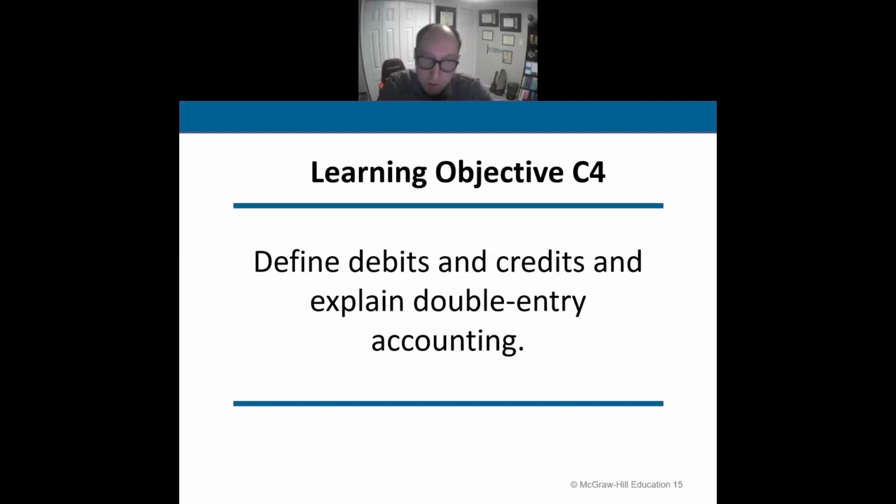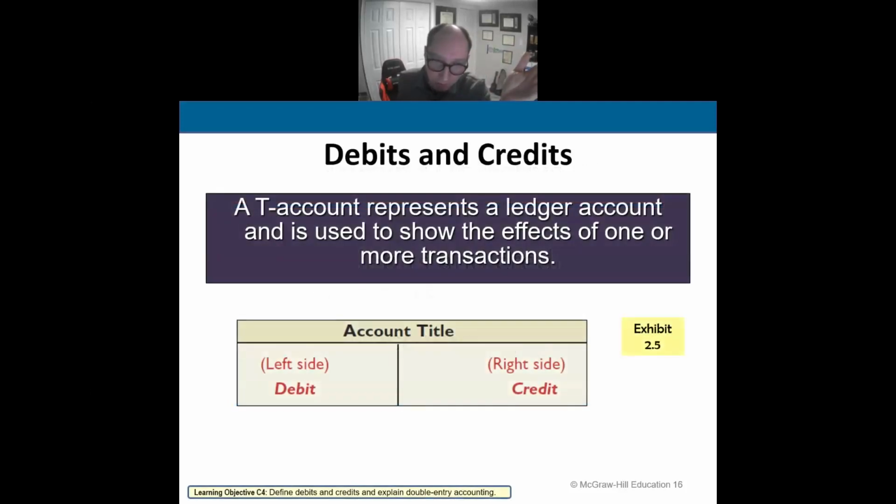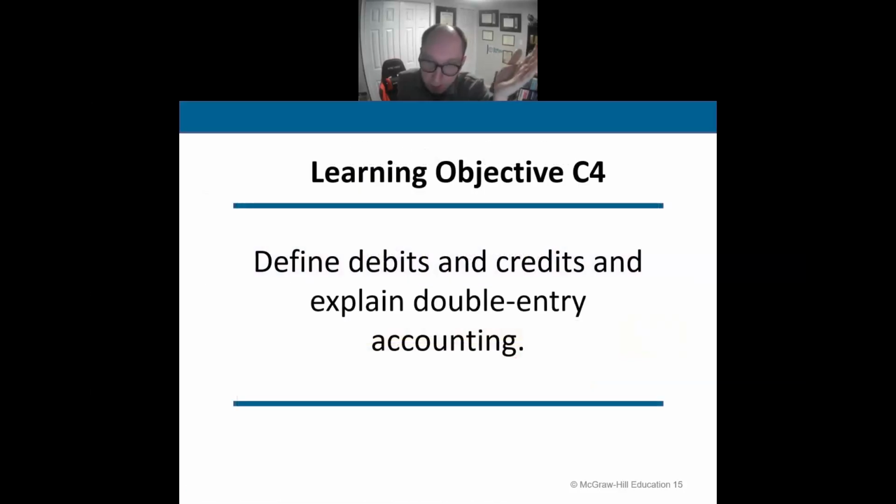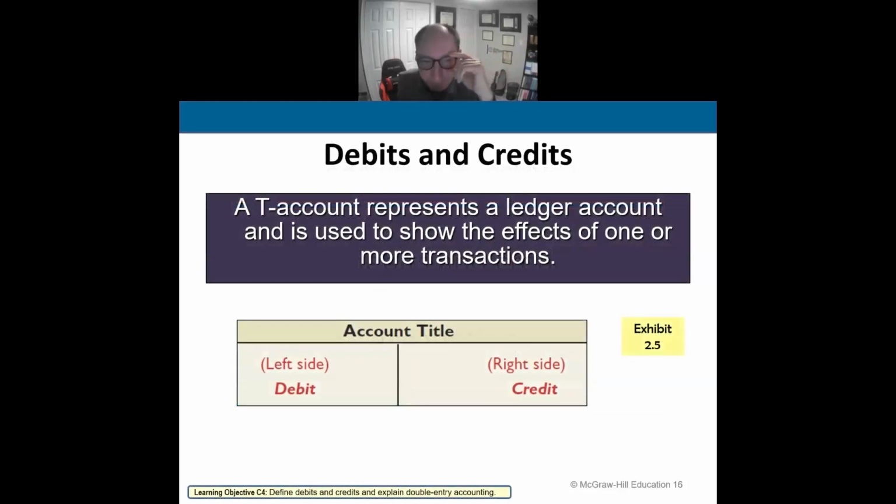From that chart of accounts we just talked about, there are two of those accounts that are affected with every single transaction. One of them will be a debit account and the other one will be a credit. All of that depends on the transaction. In accounting, there are two accounts for every single transaction. We call this double entry accounting.